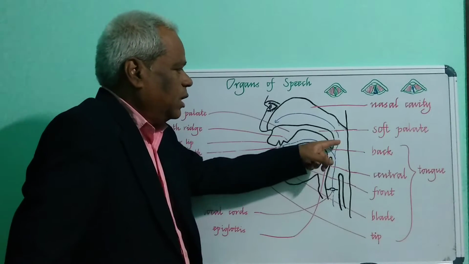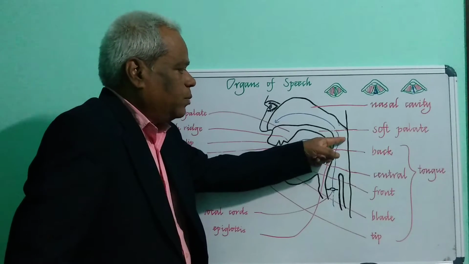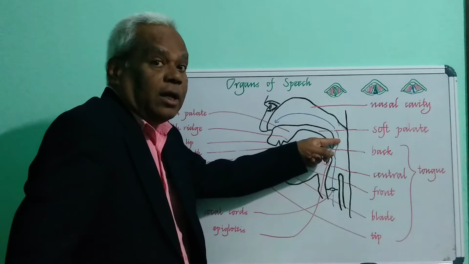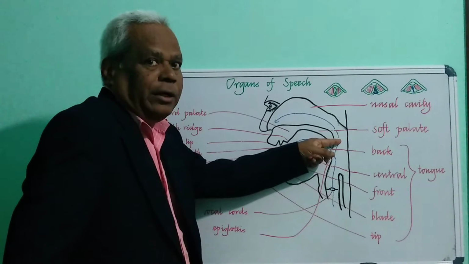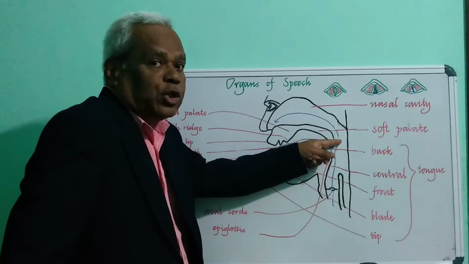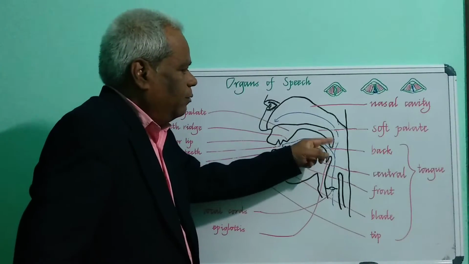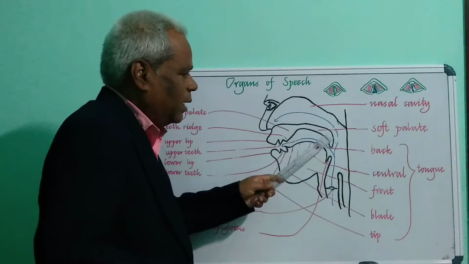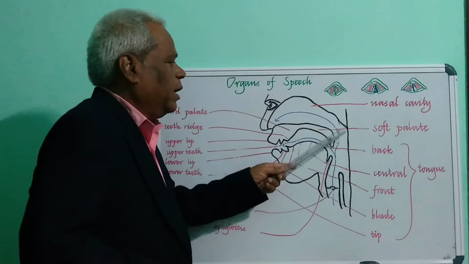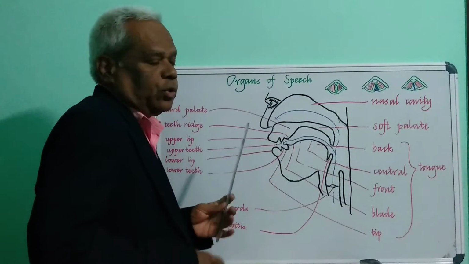When it is raised, we stop or obstruct, close the passage. Nasal passage is closed. If the soft palate is lowered, the air goes through the nose.